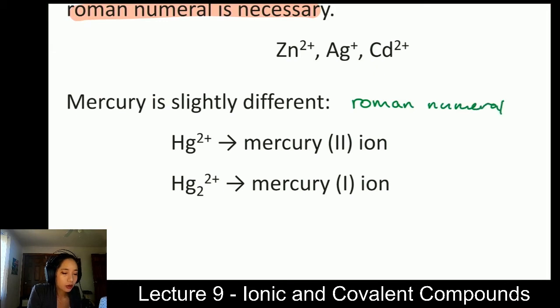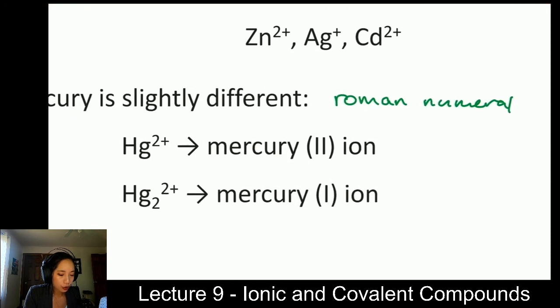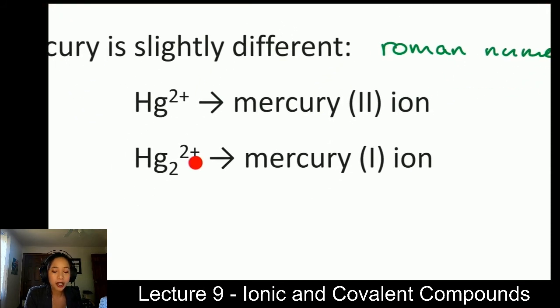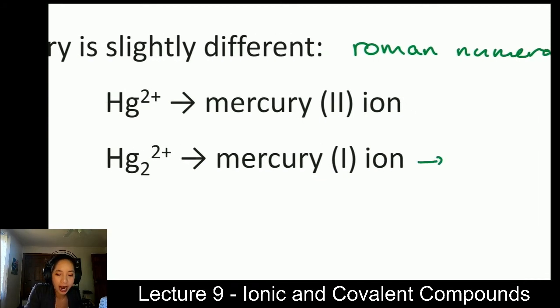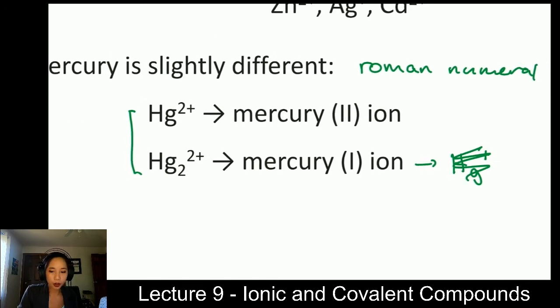All right, so this first mercury example, you just take it from its charge, mercury 2 plus, so this is a mercury 2 ion. And this second one, because there are two mercury atoms sharing a 2 plus charge, we actually call this mercury 1 ion. So this mercury 1 ion does not actually look like mercury plus 1. There's actually two of them stuck together. And so there is our exception with mercury.